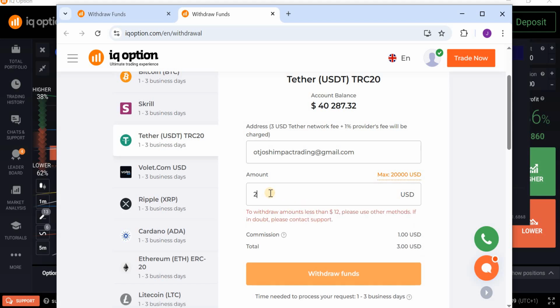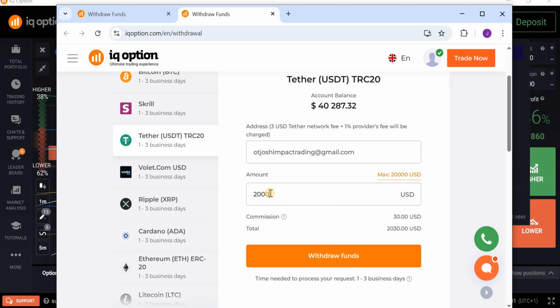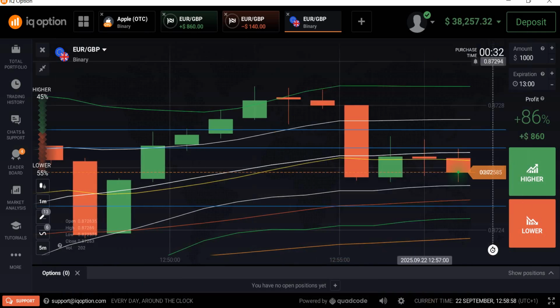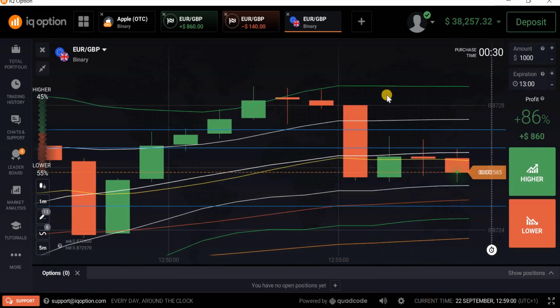So I will remove 2,000. Yes, and then with this, it comes almost instantly. Withdraw. So I'll wait. Okay, your withdrawal request is accepted. Fine. So this is how it goes. Okay, as you can see, it has been taken away from my balance.